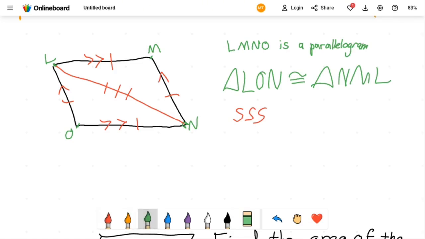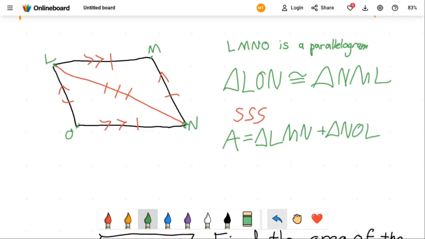What this means is that to find the area of this parallelogram, we're gonna add the two areas of the two congruent triangles, LMN plus the area of triangle NOL.